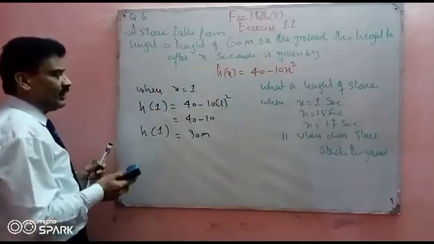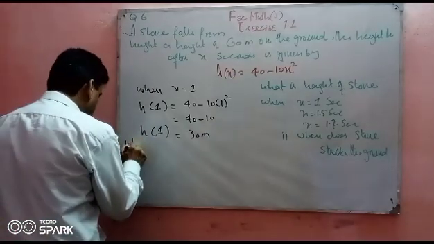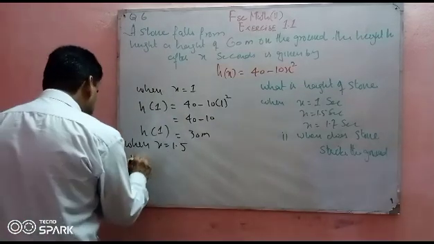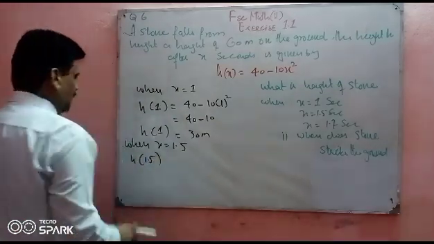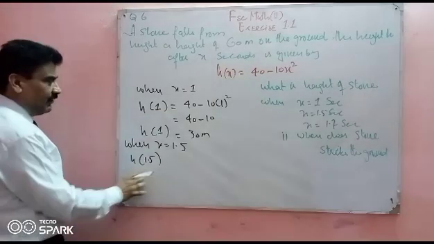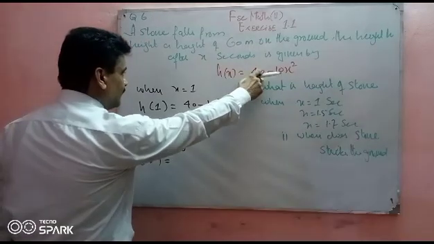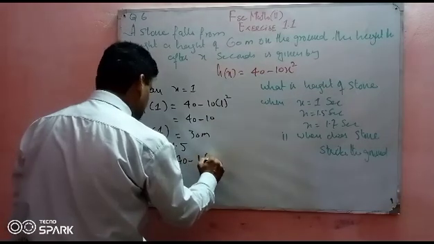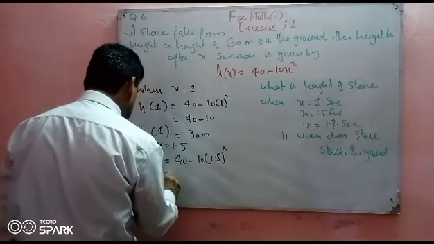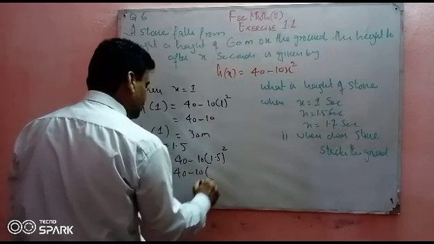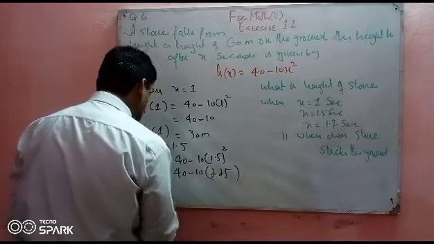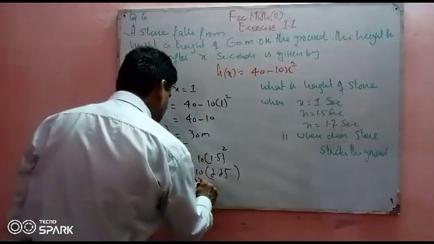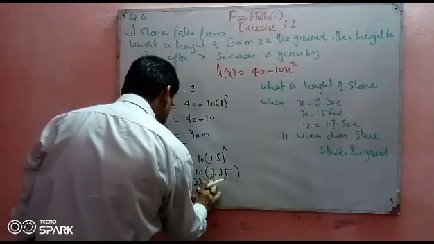So h(1.5) means the height when time is 1.5: 40 - 10 multiplied by 1.5². 1.5 squared is 2.25, so after multiplying by 10 we get 22.5.